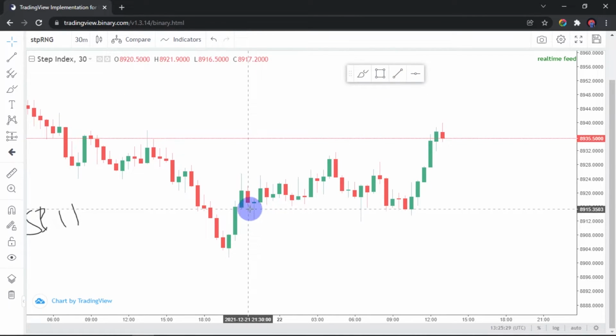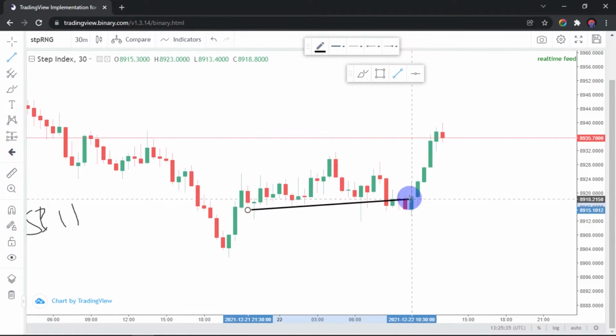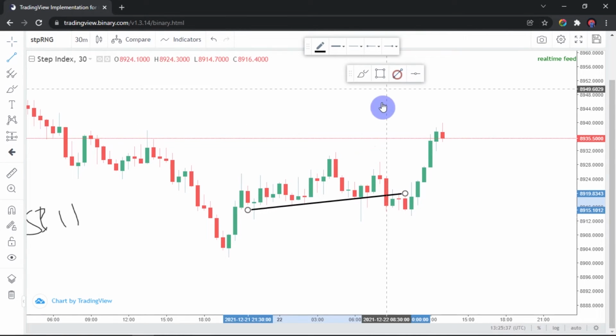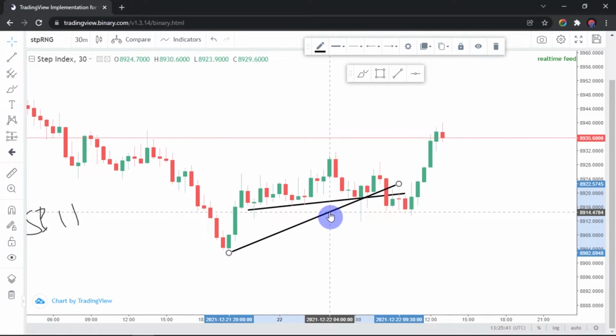Even in this area, we can see here, if I may include this low here. Let me just start by drawing it here. Although you can even add another one here, remember that trend lines always shift.